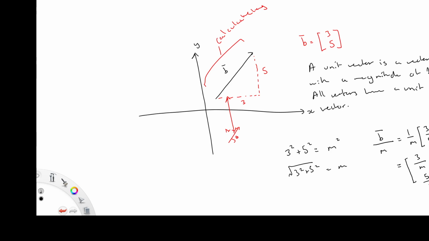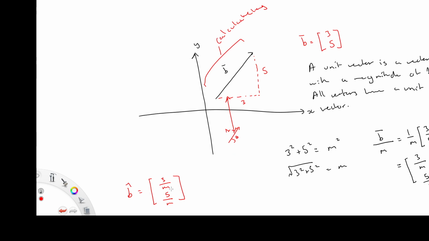And this is equal to the unit vector. One second, let me just draw that. So the unit vector b hat is equal to 3 over m, 5 over m.